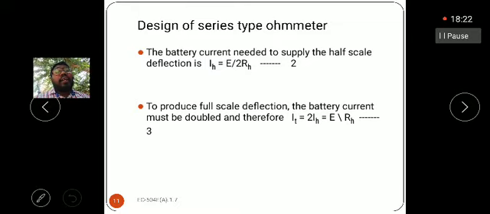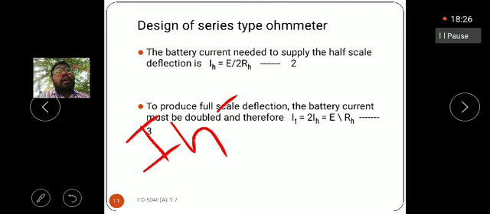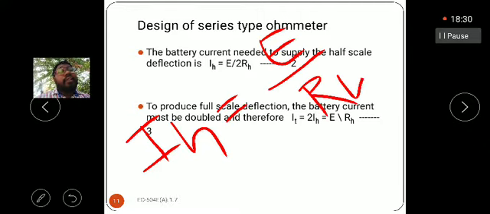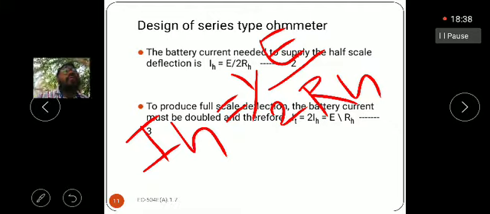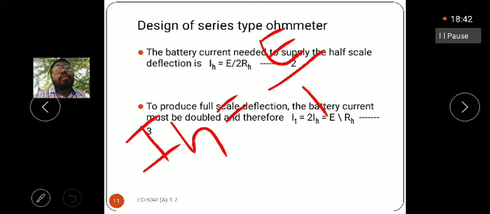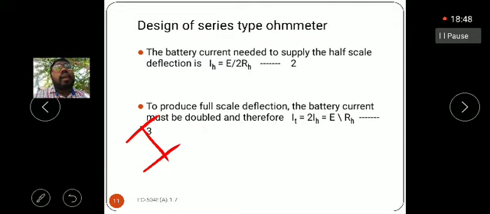Since we are taking the half-scale deflection resistance, the current is also half, that means 1 by 2 into E by RH. That is, IH is equal to E by 2RH.